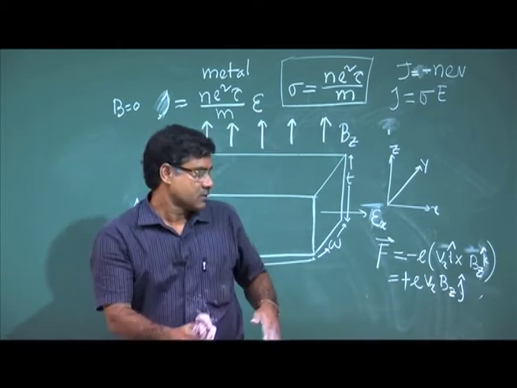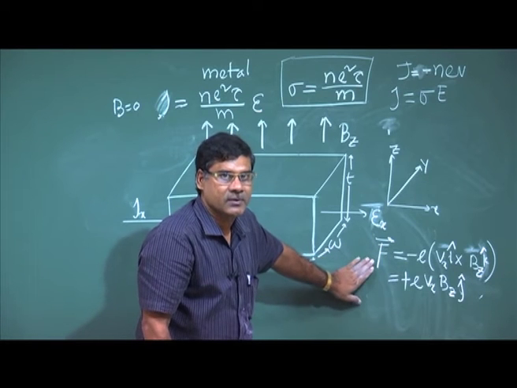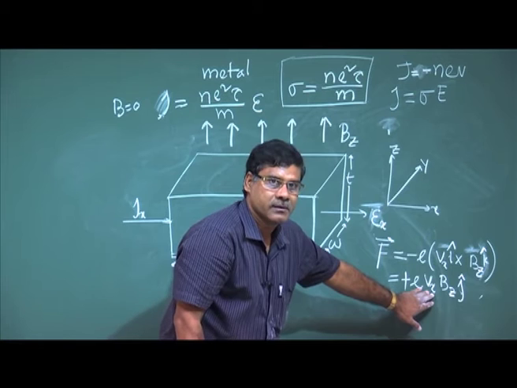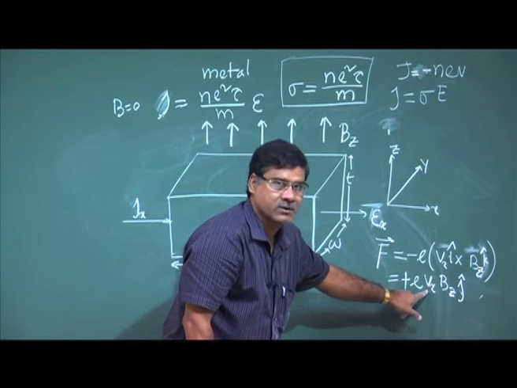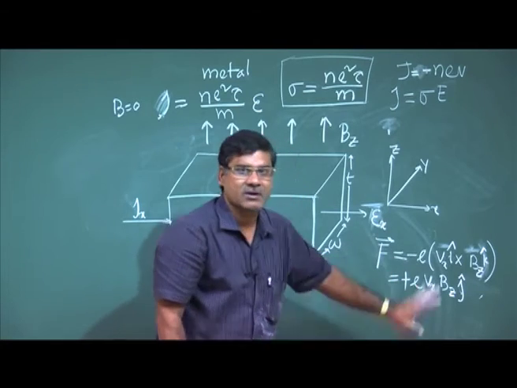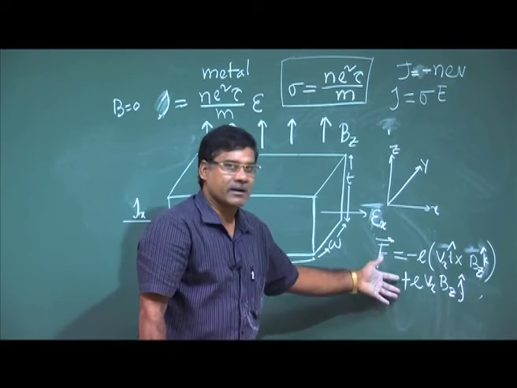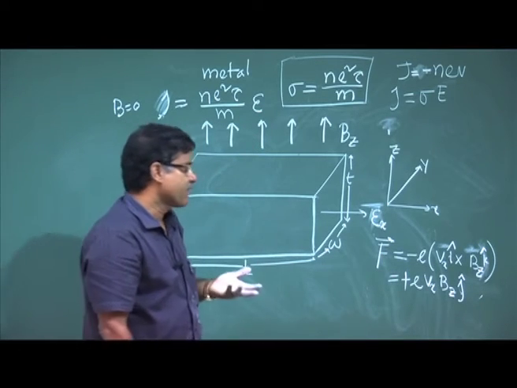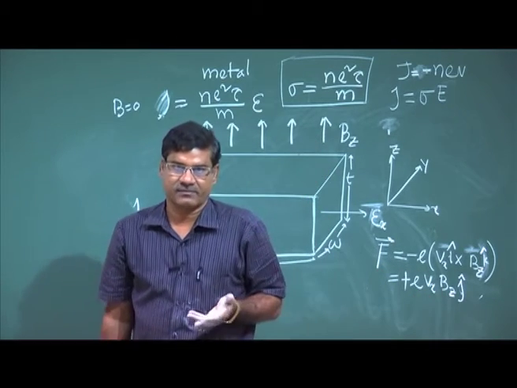Okay. So, here the Lorentz force will act on the moving charge carrier, because if V is 0, this Lorentz force will not act on the charge carrier, although the magnetic field is there. So, in the presence of a magnetic field, only the moving carrier gets affected by the field force.